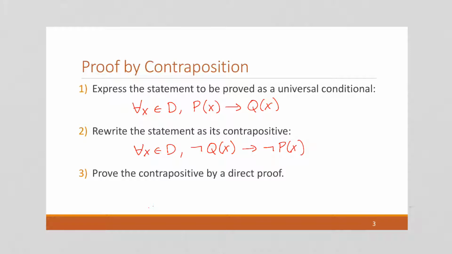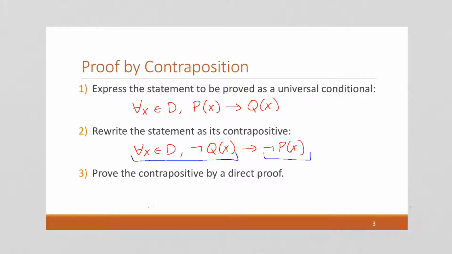Right? And as we know, the contrapositive is equivalent to the original statement. So we're then going to do a direct proof using the contrapositive. So recall, we do a direct proof by supposing this first part and concluding the second part.